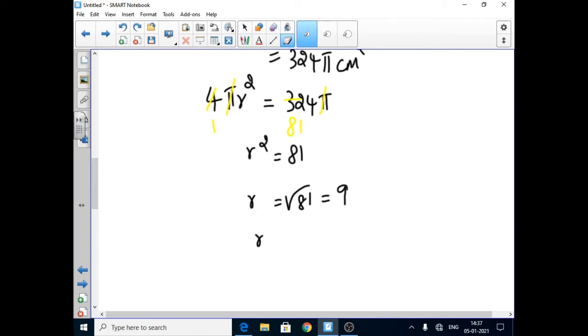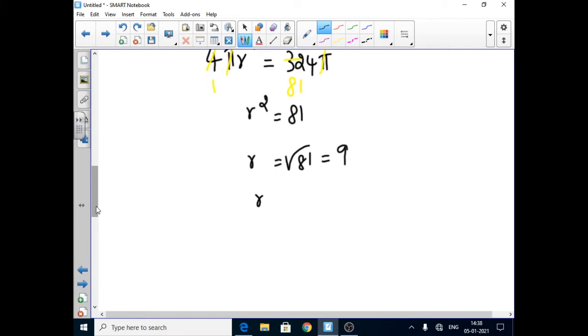Capital R, small r only we should mention. Okay, so small r is equal to 9 centimeter.